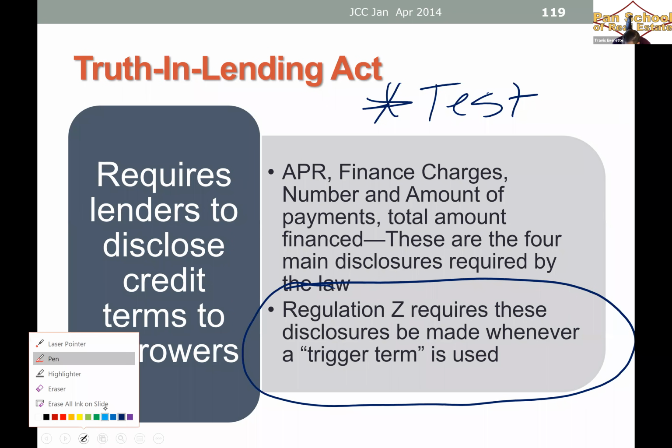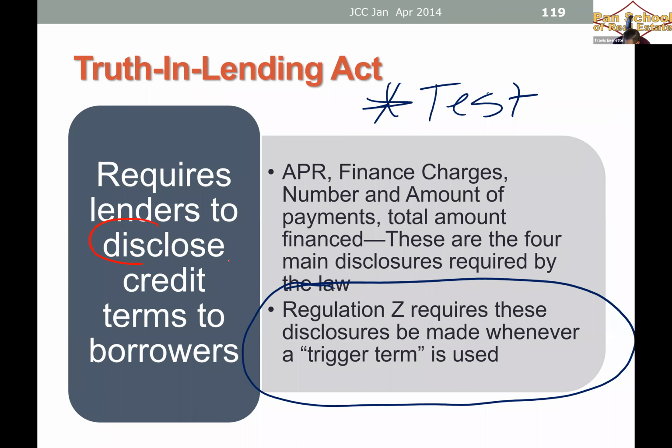It's not for anything else. It doesn't say what fees a lender can choose. It doesn't say they can't charge fees. It doesn't say what the fees should be. It just says that if they're going to charge fees, they have to disclose it. They have to tell the borrower now. Give them the whole picture. Does that make sense for everybody?